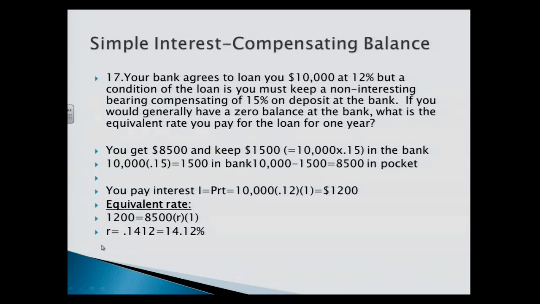Our real interest rate we're paying annually is 14.12%, not the 12%. And I know on mortgages, they are required to give you this actual rate. On personal loans, I do not know. But you're not paying 12%, you're actually paying 14.12%. Compensating balance.